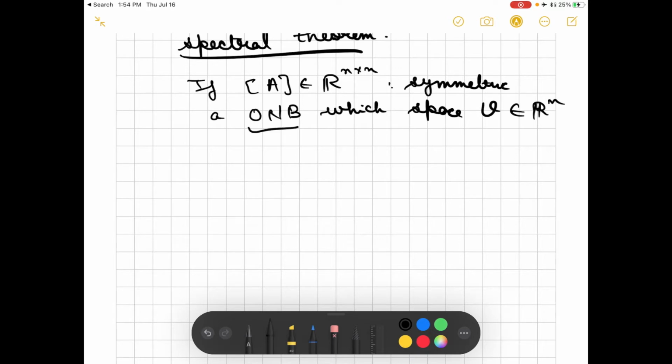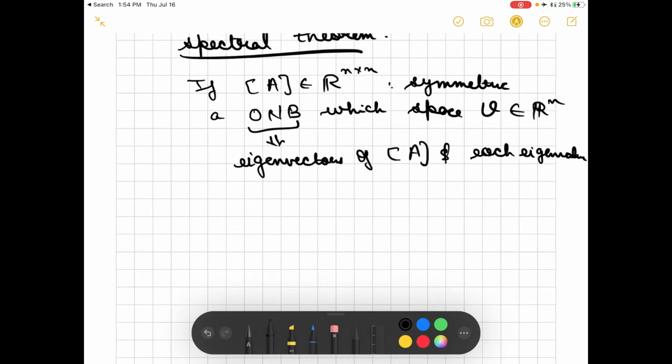And the beauty of that ONB is that it comprises the eigenvectors of A, and each eigenvalue of a square symmetric matrix is real.